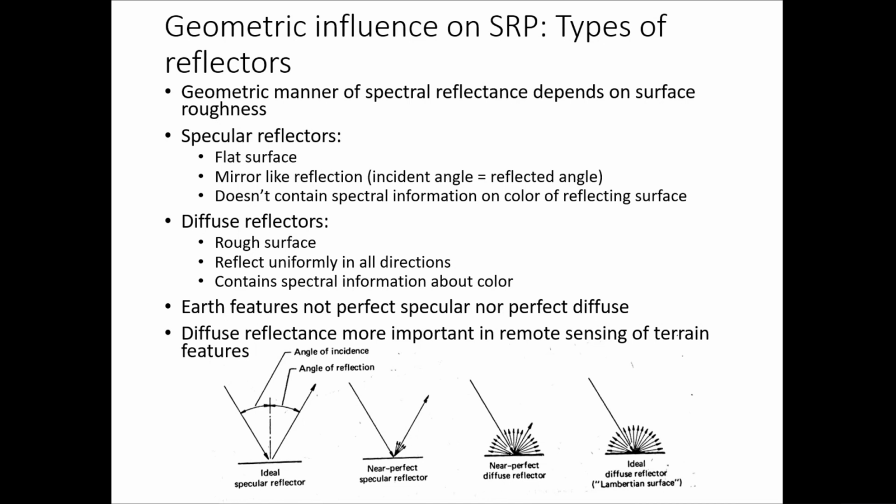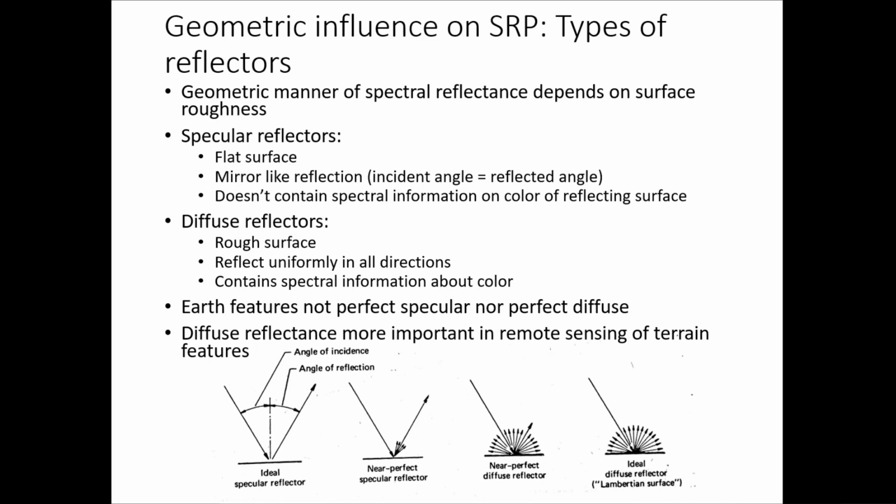If the wavelengths are much smaller than the surface variations or the particle sizes that make up the surface, then diffuse reflection will dominate. I repeat, if the wavelengths are much smaller than the surface variations or particle sizes, then diffuse reflection can dominate.